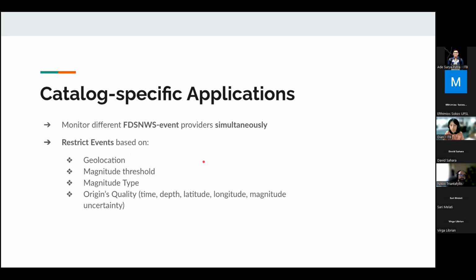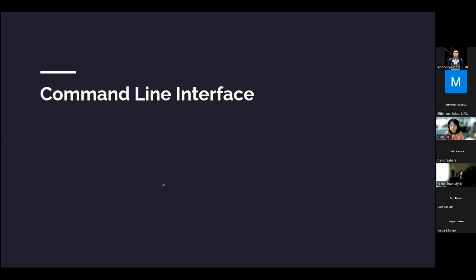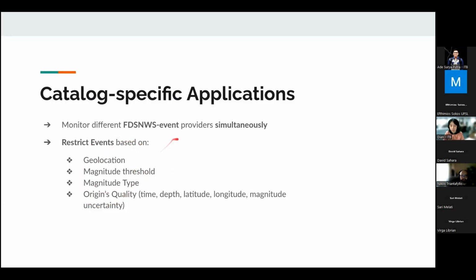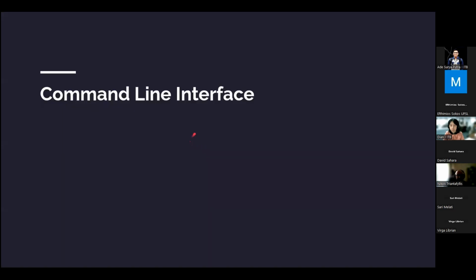Okay, as I said before, you can use a configuration in different instances, so you can monitor different FDSN web services for events. And again, you can restrict events based on specific quality data.